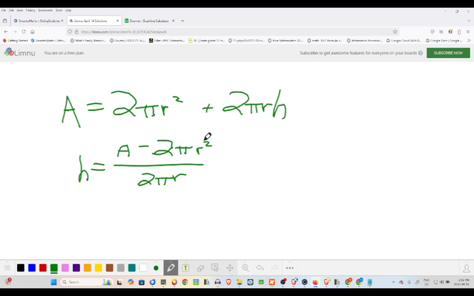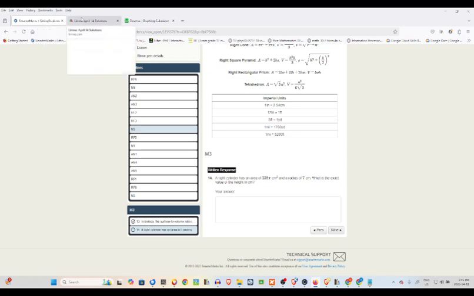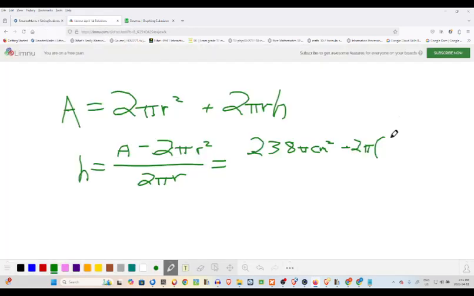Left us with our numerator here equals 2 pi r h. Then we divide by 2 pi r. So our area is 238 pi centimeters squared minus 2 pi. And then our radius is 7 centimeters.